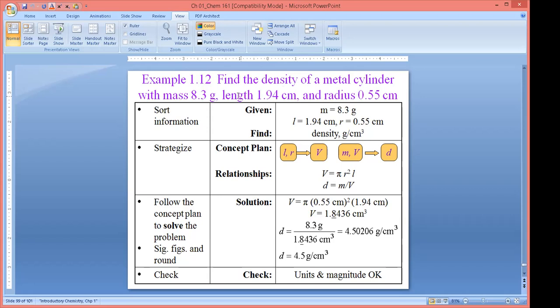This is just a density, physical property thing. And the tricky thing here is the volume they're not giving you. They're making you indirectly go find it. So how do you get that? You need the area of the circle, and then the length, that gets you to the volume. So finding the volume: pi, the radius squared, and then the length.